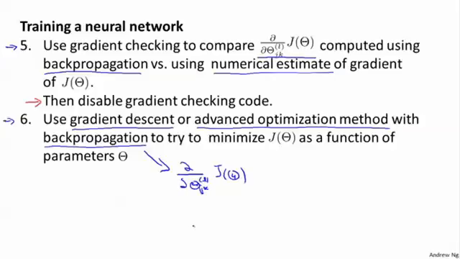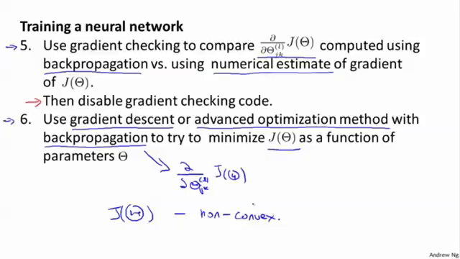So we can use one of these optimization methods to try to minimize J of theta as a function of the parameters theta. And by the way, for neural networks, this cost function J of theta is non-convex, and so it can theoretically be susceptible to local minima. And in fact, algorithms like gradient descent and the advanced optimization methods can, in theory, get stuck in local optima.